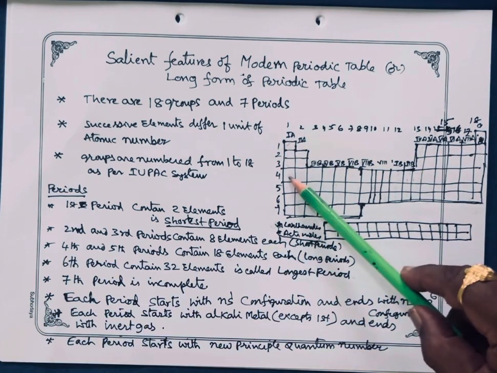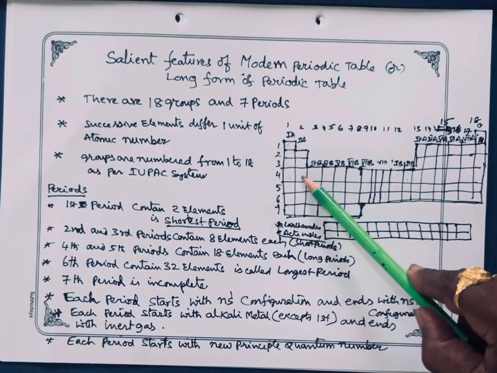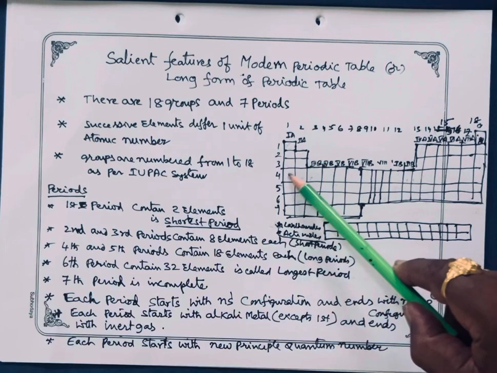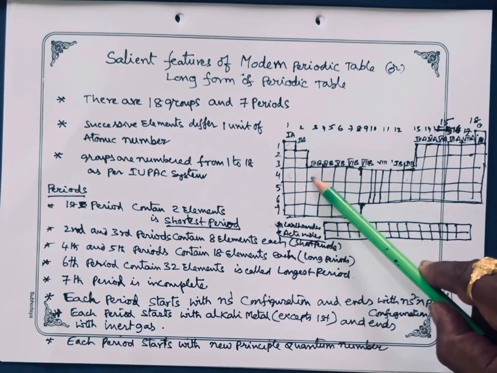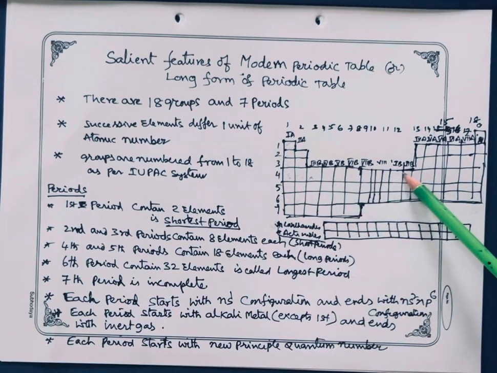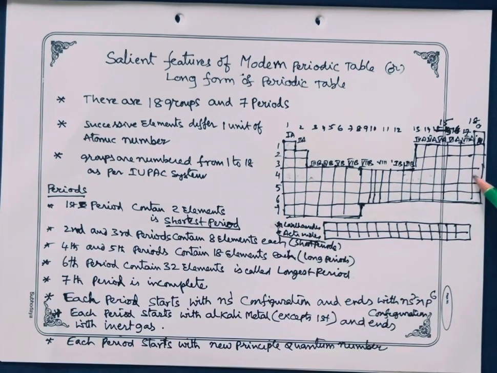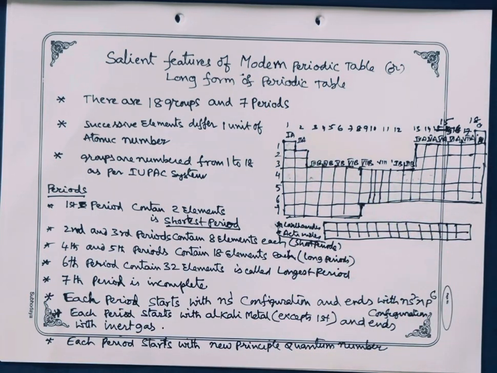Suppose for this element, 4s1 is the outer shell configuration, then 4s2. After 4s comes 3d, because of our principle; after filling the 4s, the 3d subshell will be filled by the electrons. So 3d1, 3d2, 3d3, like that up to 3d10, then 4p again, 4p1, 4p2, 4p3, like that up to 4p6. So every period starts with ns1 and ends with ns2 np6, except helium.